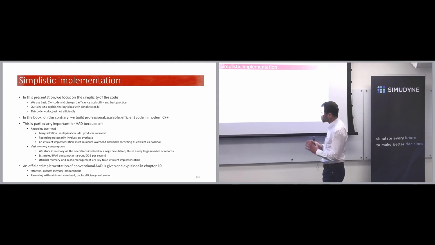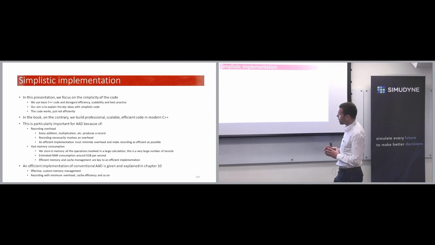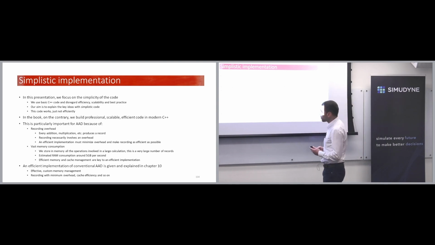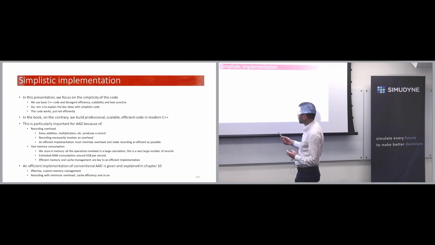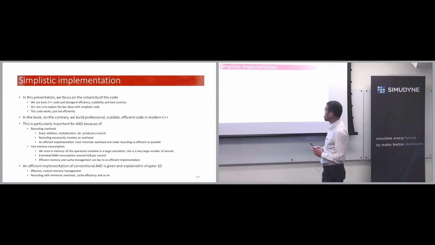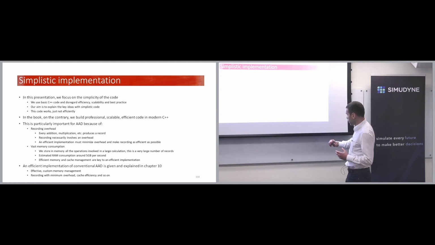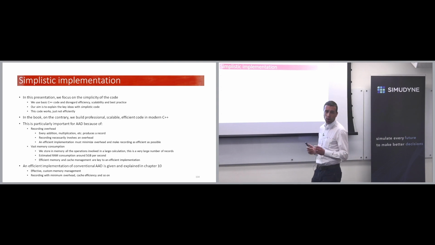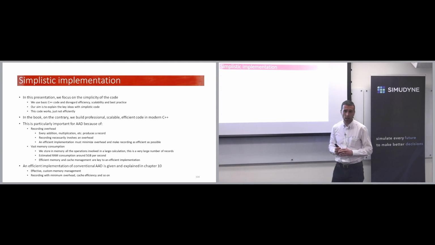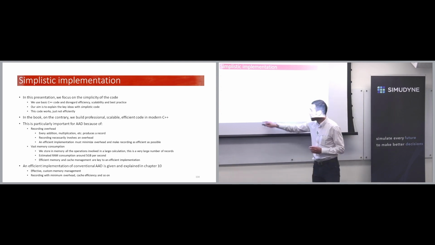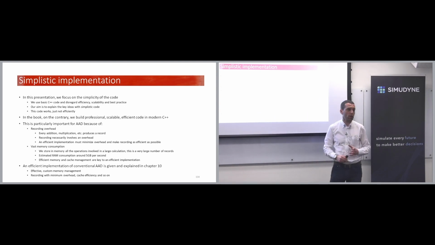The other thing that I already commented about is the vast memory consumption of AAD. We store in memory all the operations involved in a large calculation. This is a very large number of records. So estimated RAM consumption, we estimated it through both empirical and theoretical means, and actually the estimations concurred at around 5 gigabytes per second of memory consumption, right?